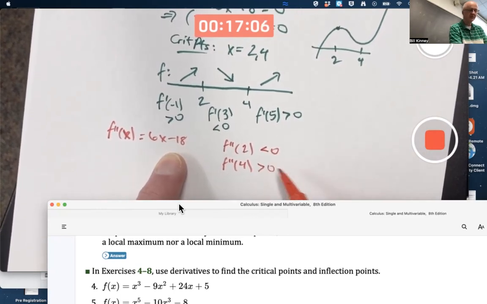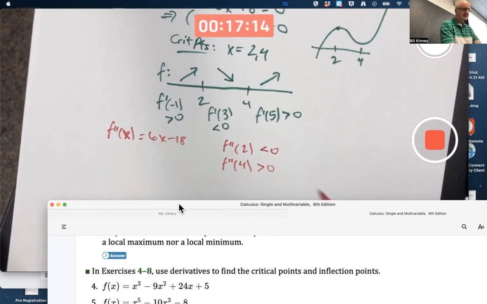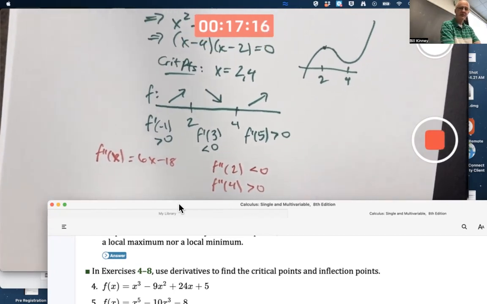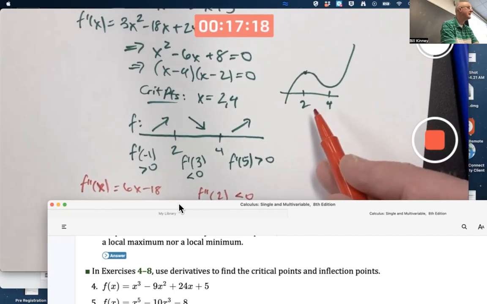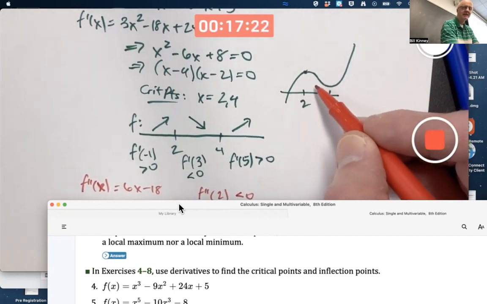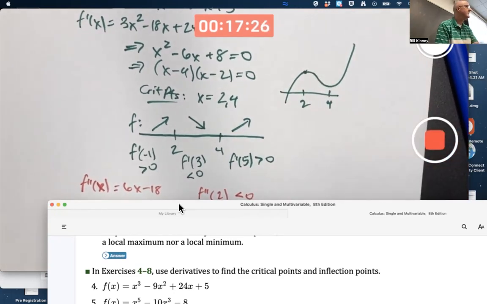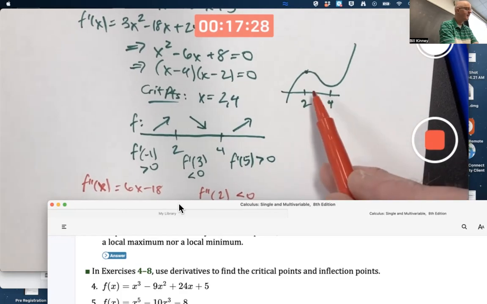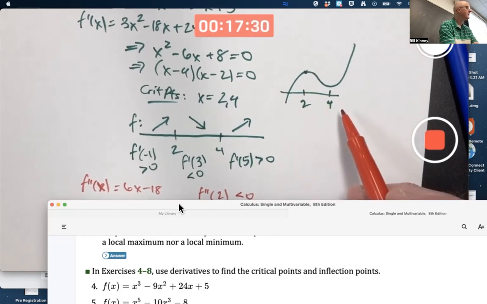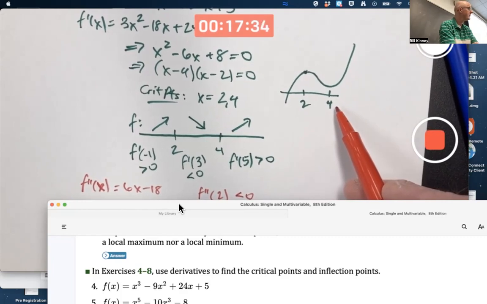That's a positive number. The second derivative is also a nice function, continuous. What this is confirming is that the second derivative of the original function is negative near 2 and positive near 4. The original function's concave down near 2 and concave up near 4. That's another reason why there's a local max at 2 and a local min at 4. The top of a little hill at 2 and the bottom of a little valley at 4.